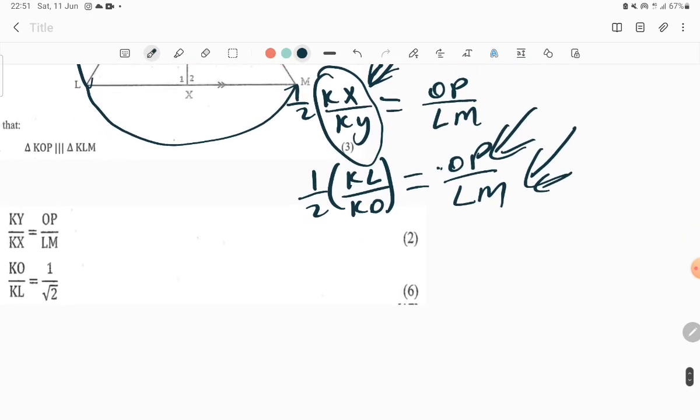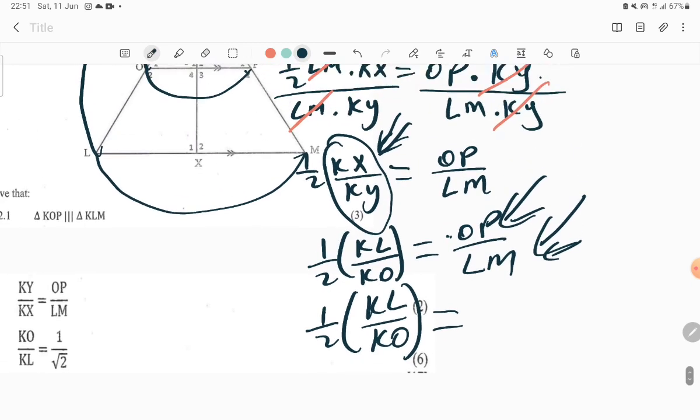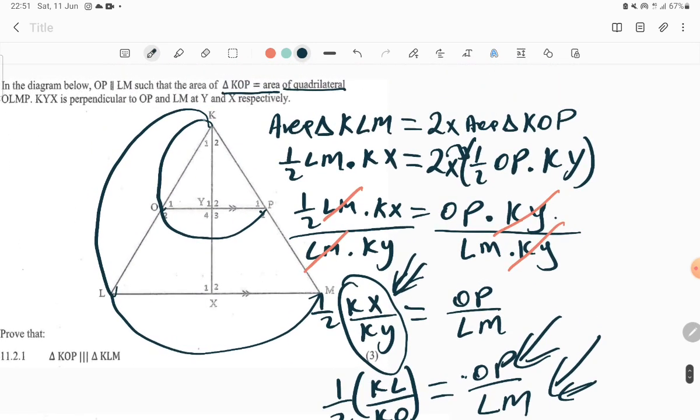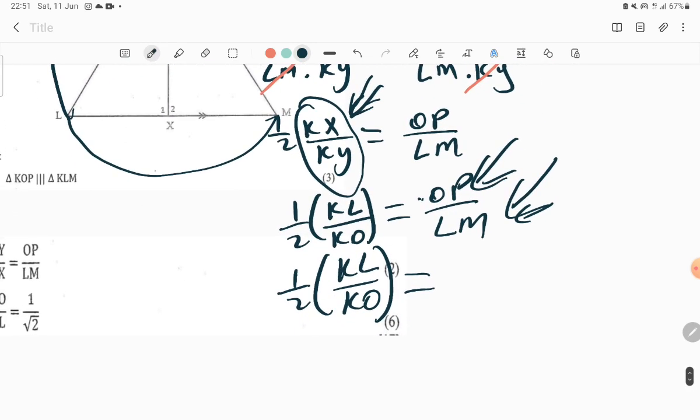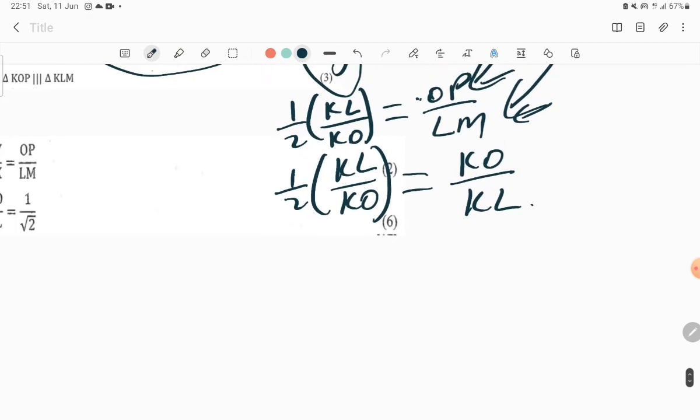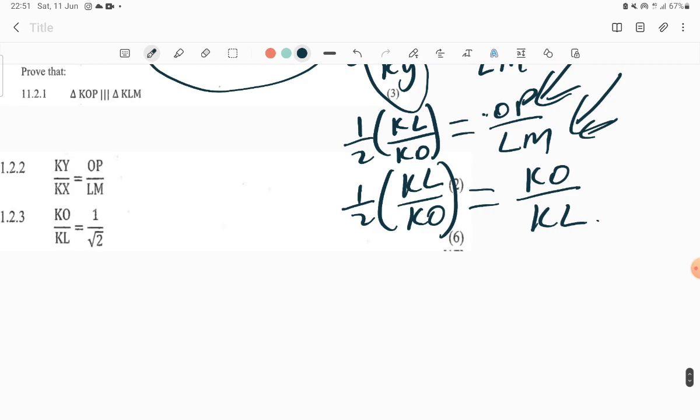So allow me now to say we have 1 over 2, then times KL over KO, is equal to KO over KL. Okay, now at least we have all this in one.